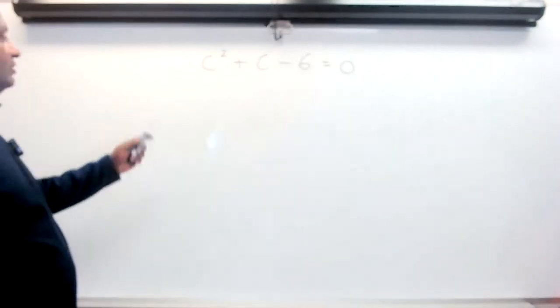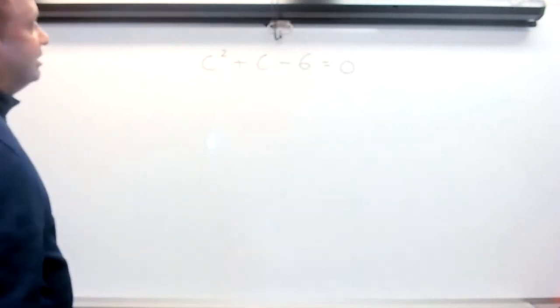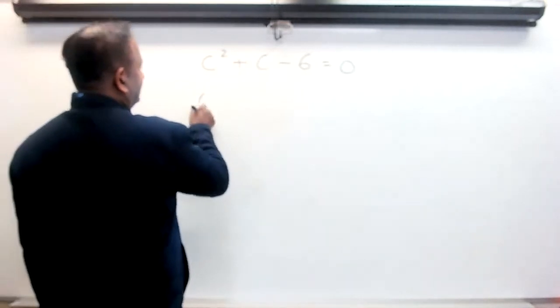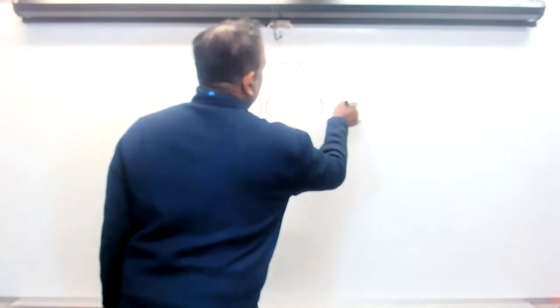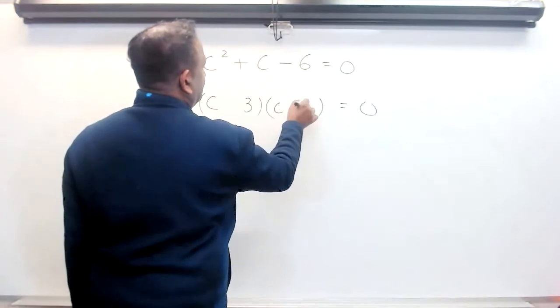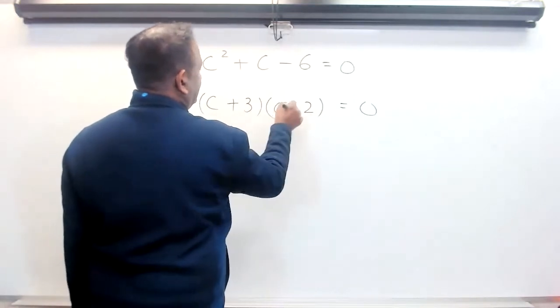So then there's a quadratic equation. You can easily split this one, say 3 times 2, but the greater number should be this one, this should be that.